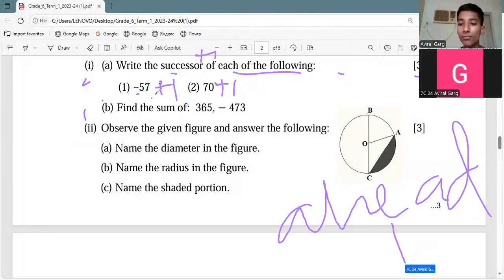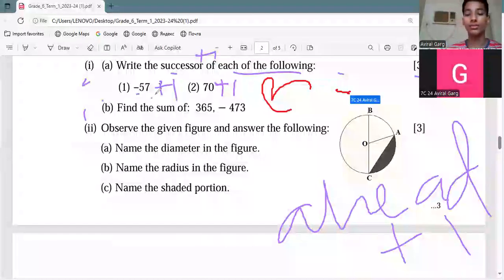What is minus 57 plus 1? Whenever we add a number to a negative integer, it gets subtracted, so it becomes minus 56. So here the successor is minus 56. And 70 plus 1 is 71.